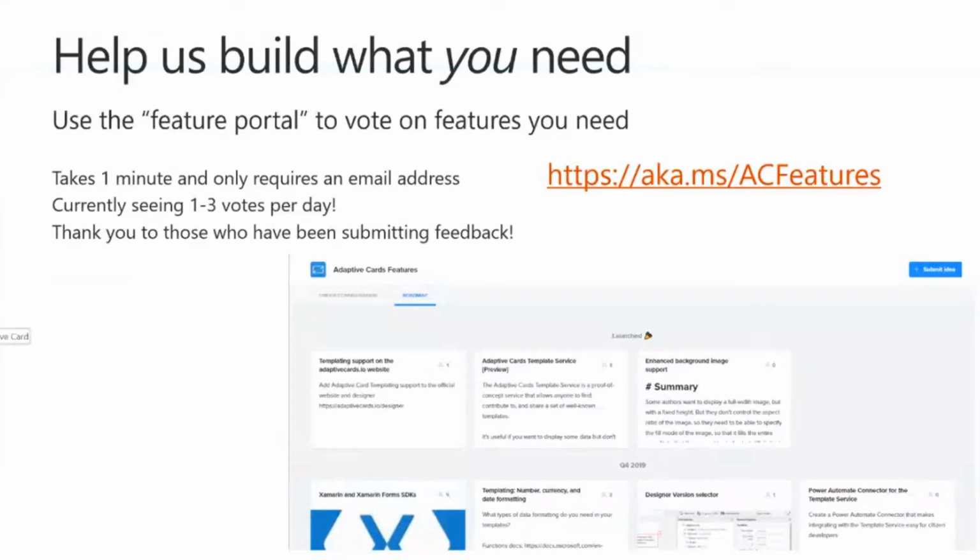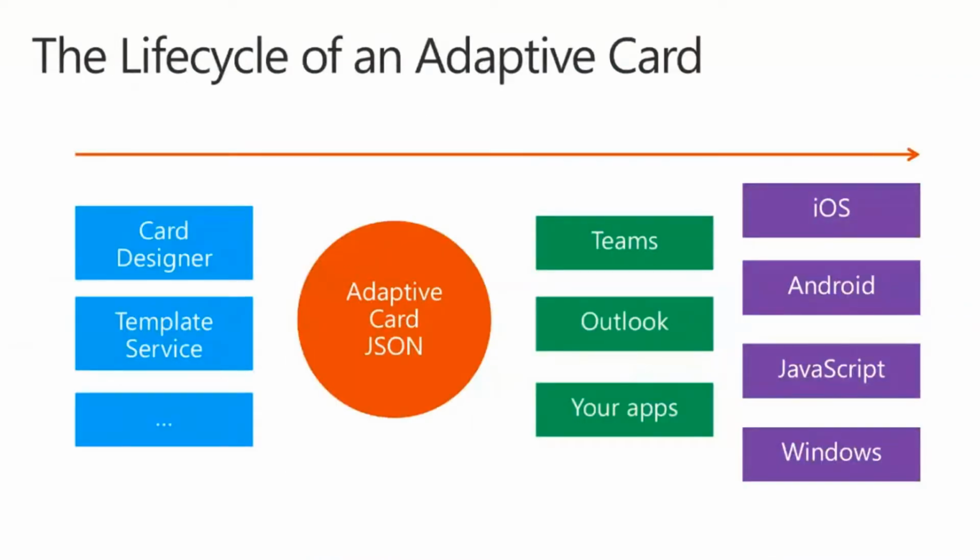Let's take 3 more minutes and then hand it over to the folks working on the meat of the management portal. So I'll summarize with this. Fundamentally, the life cycle of an adaptive card today is we have a set of tools. It centers around the adaptive card JSON. We have a set of tools from the card designer, the template service, and what you're about to see, which is basically a private version of the template service.